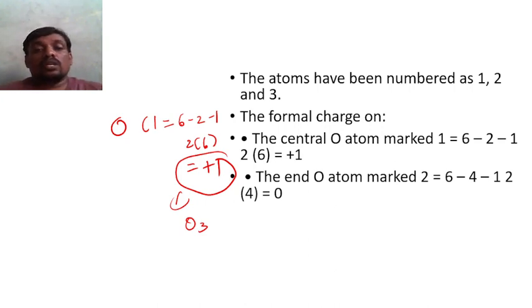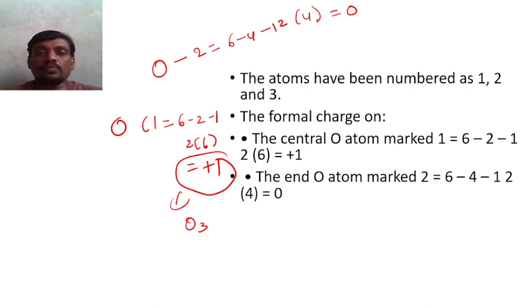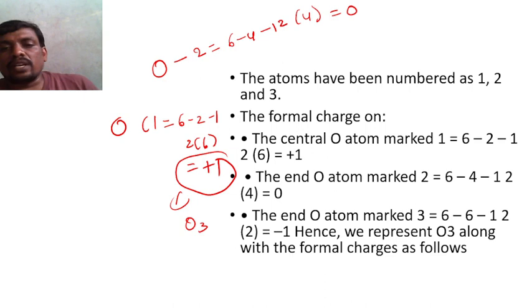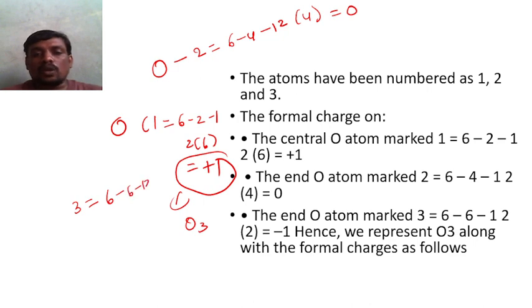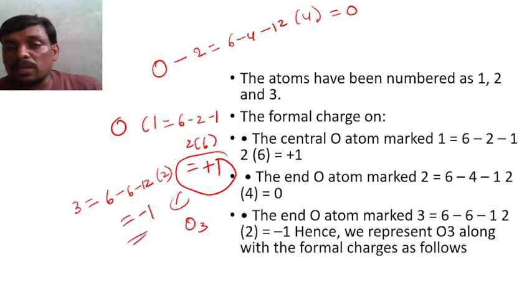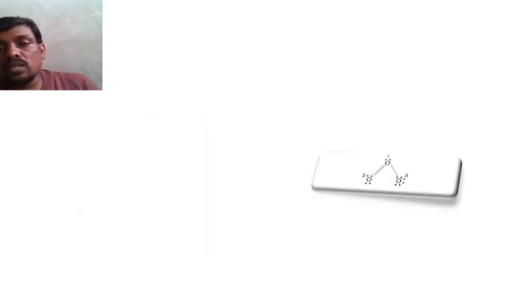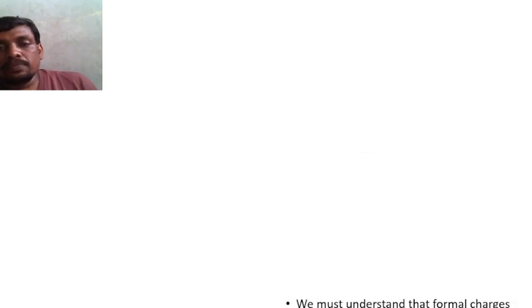The end oxygen atom marked as 2 is equal to 6 minus 4 minus 1 by 2 into 4, equal to 0. That is its formal charge. Finally, the end oxygen atom marked as 3 is equal to 6 minus 6 minus 1 by 2 into 2, equal to minus 1. Hence, we represent O3 along with the formal charges as shown in the diagram.